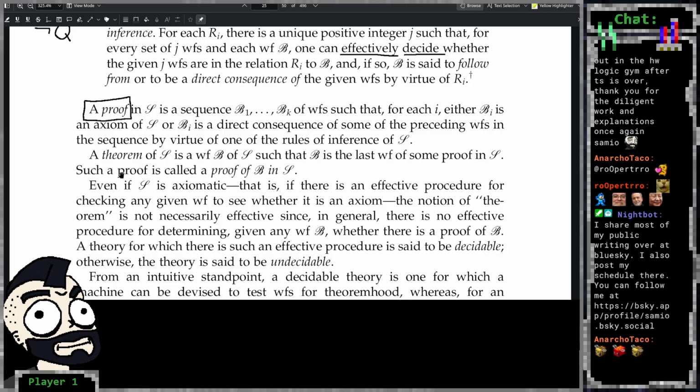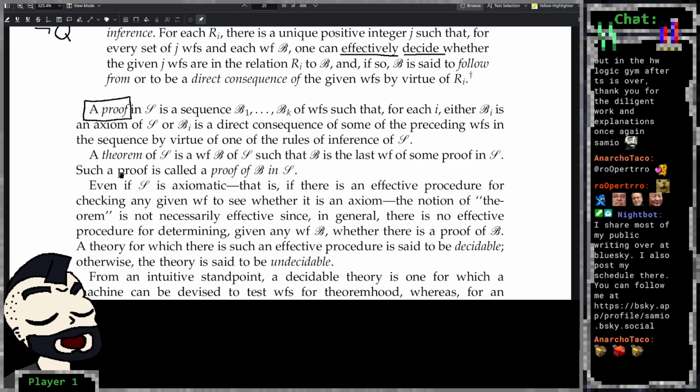We are now going to define formal proofs. Proofs that can be done in such a way that computers can do them. Proofs that do not require any ingenuity or creativity or interpretation. So, I will continue reading.